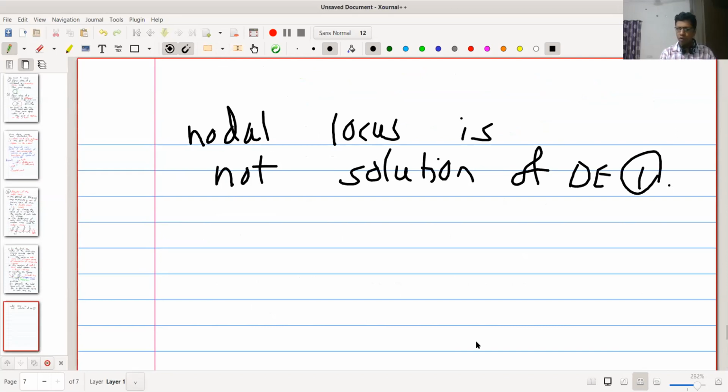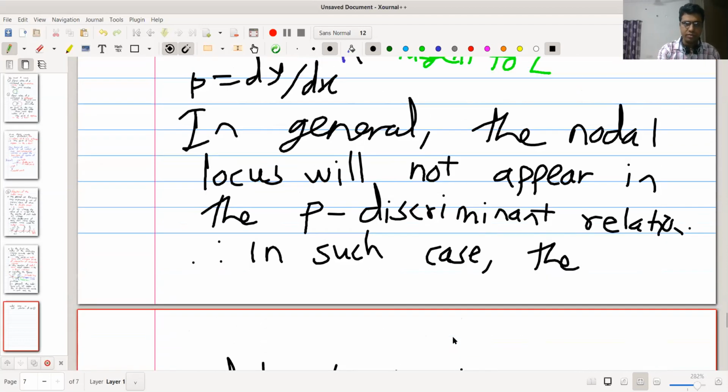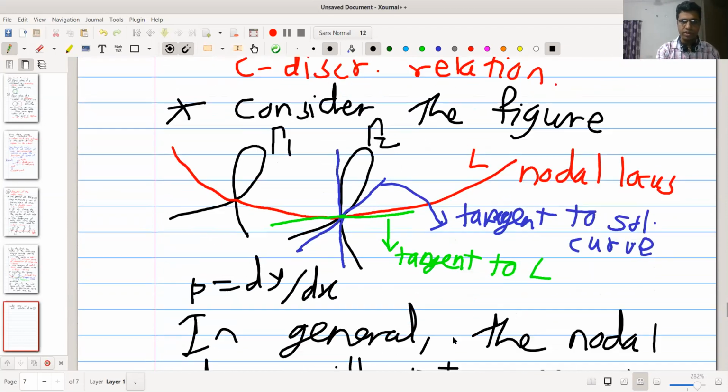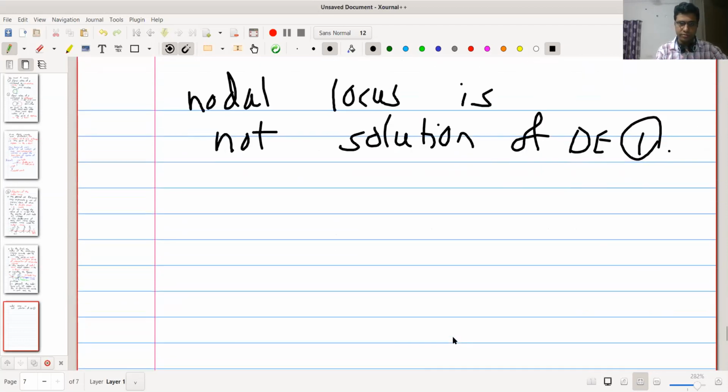Of course there are some exceptional cases where the nodal locus is solution also. In that case the p value at nodal point for these two curves will match. So it can be explained using another figure. So next point, consider the figure.